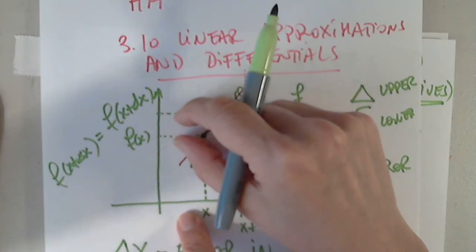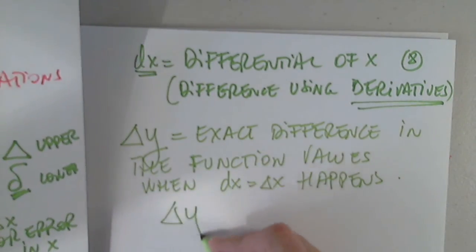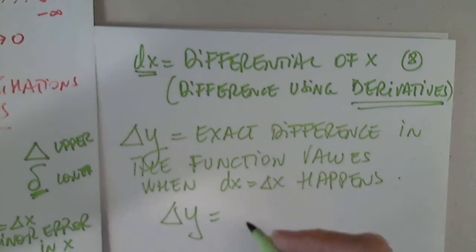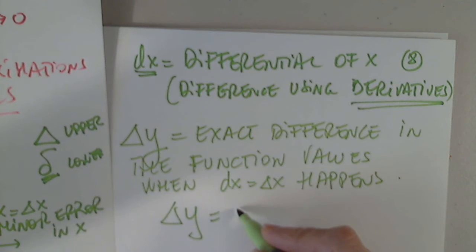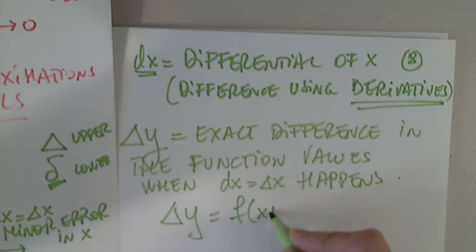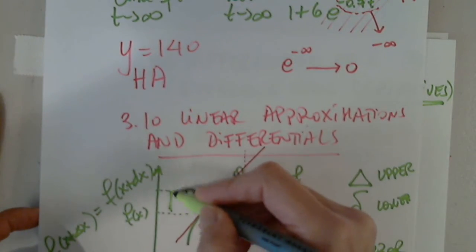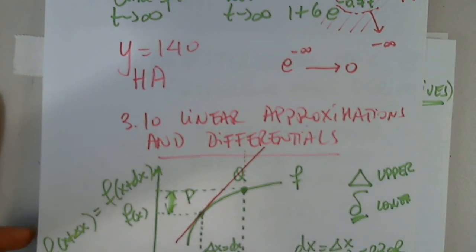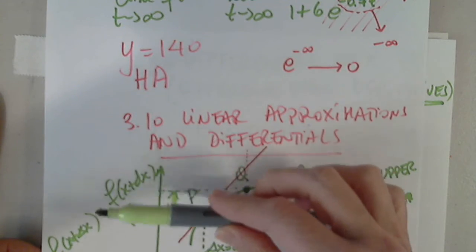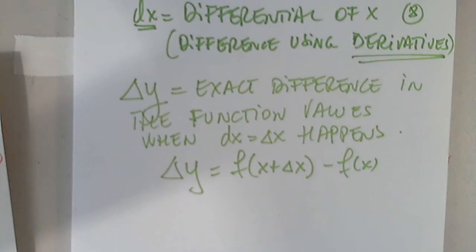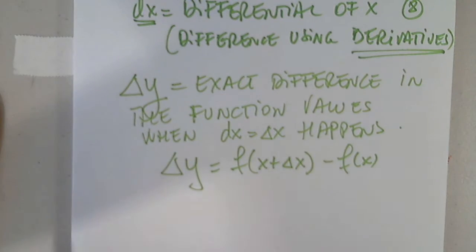How big? This big. So what is delta y equal to? Delta y will be f of x plus delta x minus f of x. Is this piece? F of x plus delta x minus f of x. This is the exact error. Fine.